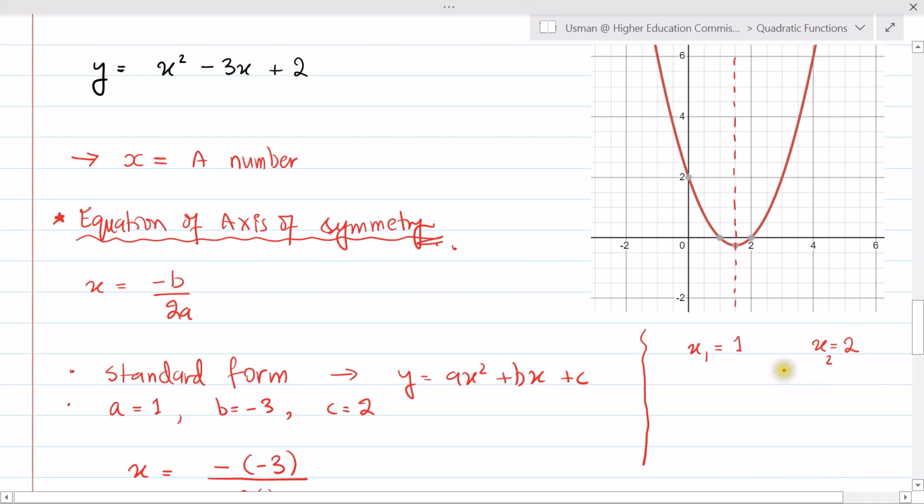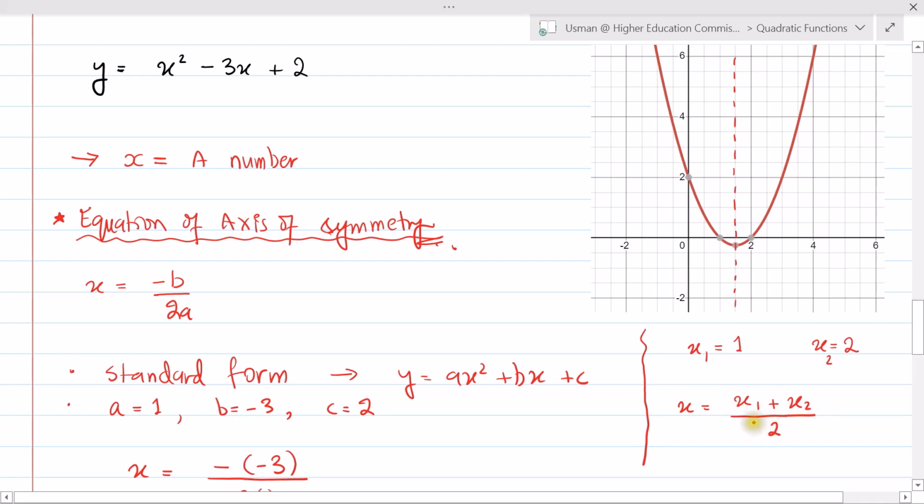X-intercepts, as a recap, are points where your graph cuts the x-axis, so the x-axis values where this happens are 1 and 2. The method is simply to take the mean, or the average, of the x-intercepts.